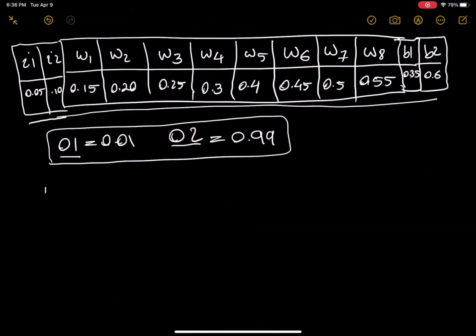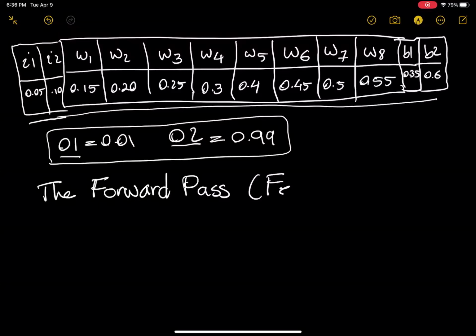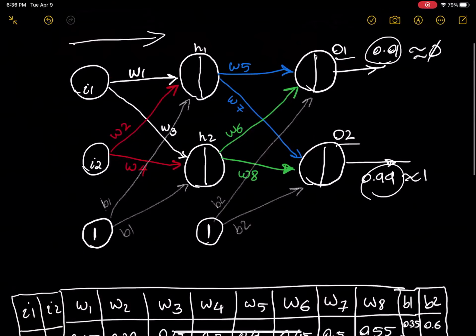So the first step I'm going to call the forward pass. Feed forward, it's better to say. So the first step here is to calculate the net of H1 and the net of H2. Once you have net of H1, then you're going to pass it to an activation function.